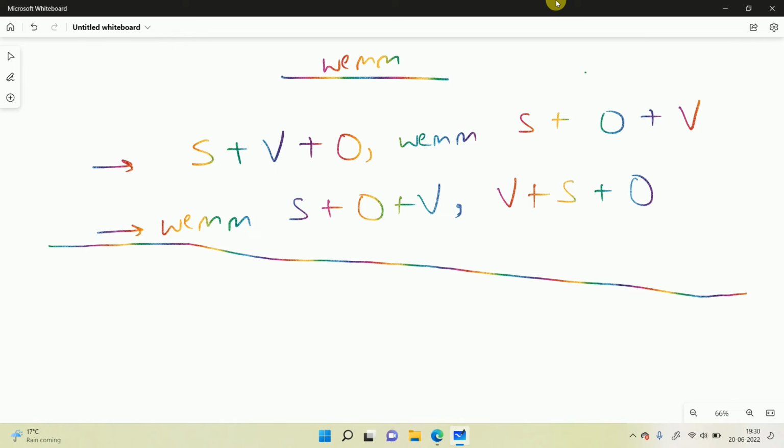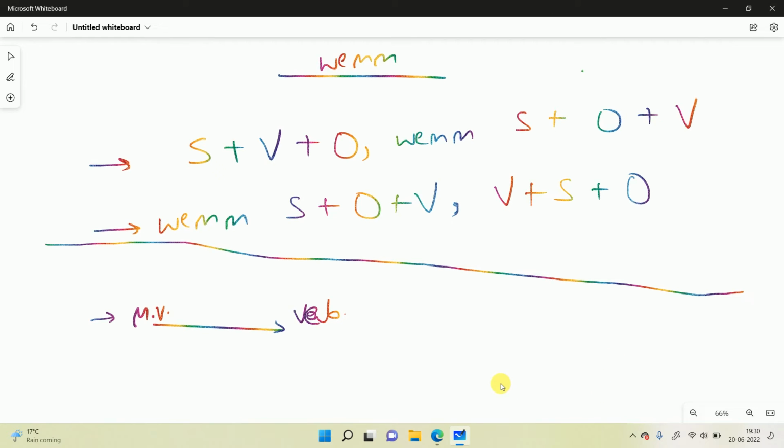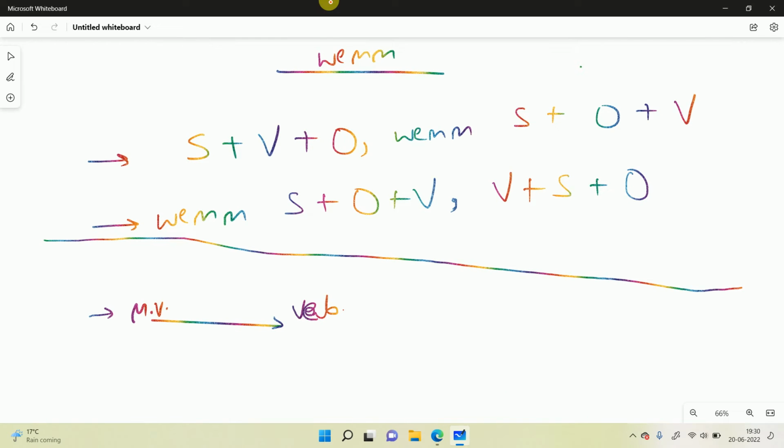So in case there is a modal verb, things will be a little different, but still it won't be too hard. Because with a modal verb, you probably remember, whenever there is a modal verb, I will say MV, the main verb is thrown to the end, in regular sentences. Likewise, if you find a modal verb in this scenario, need not worry.